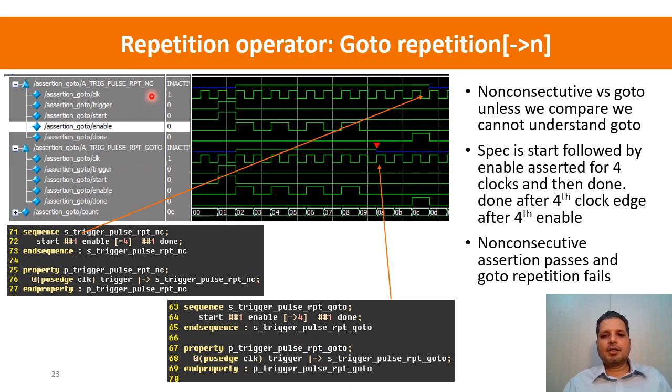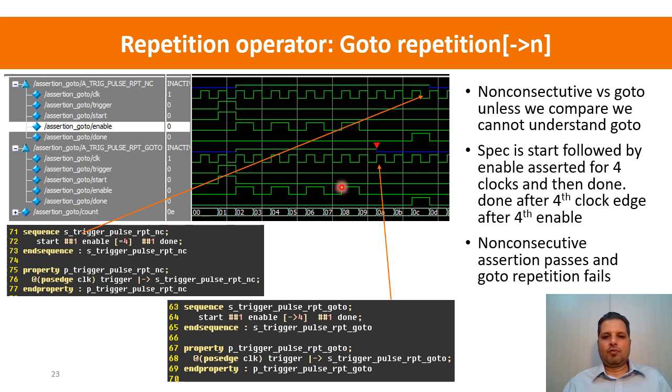Okay, so pay attention over here. Now what has happened? We have had a trigger which starts the sequence, and then immediately in the same clock cycle we expected the start, because at both the places we are using the overlapping implication operator. So it is at the same point, and then enable has toggled for the 4 clock cycles.